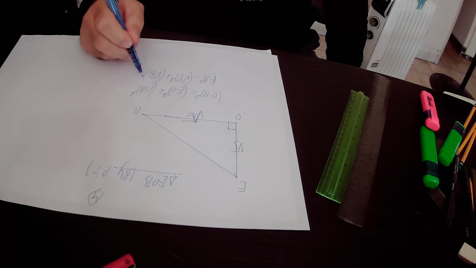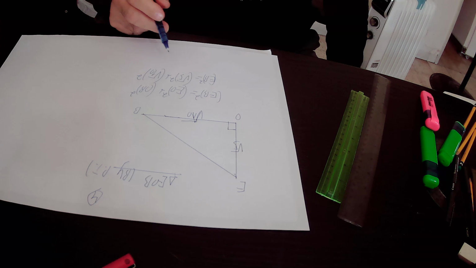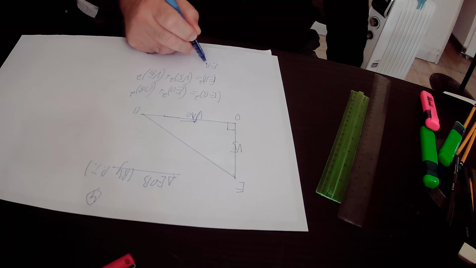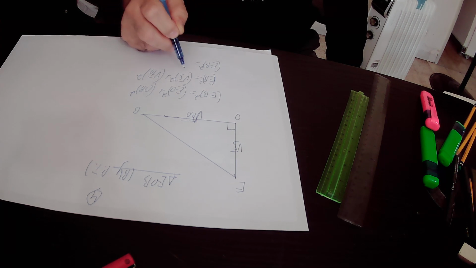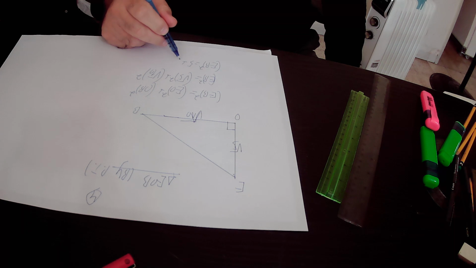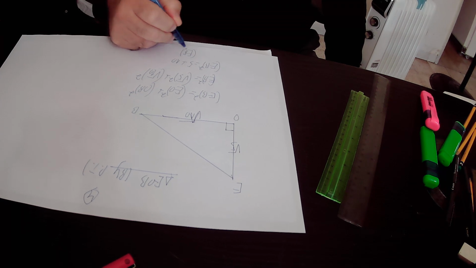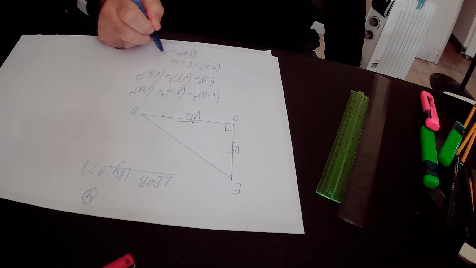So in conclusion, EB squared equals the square root of 5 squared plus the square root of 10 squared. The square root of 5 squared is 5, plus the square root of 10 squared, which is 10. So EB squared equals 5 plus 10, which is 15.